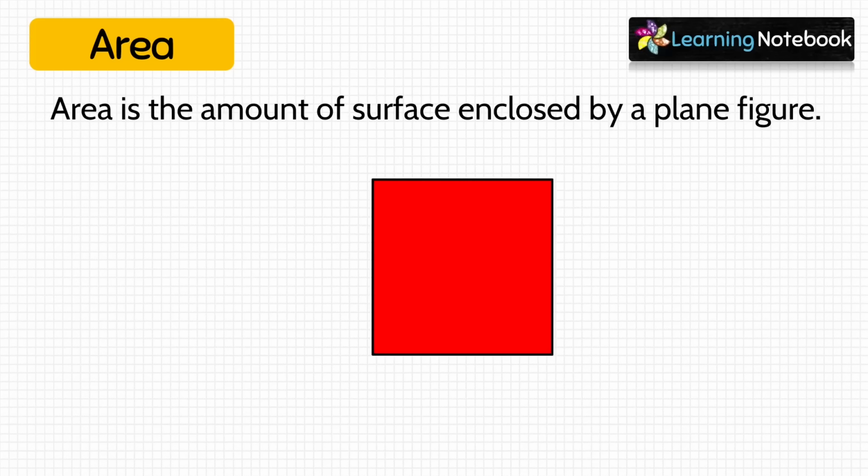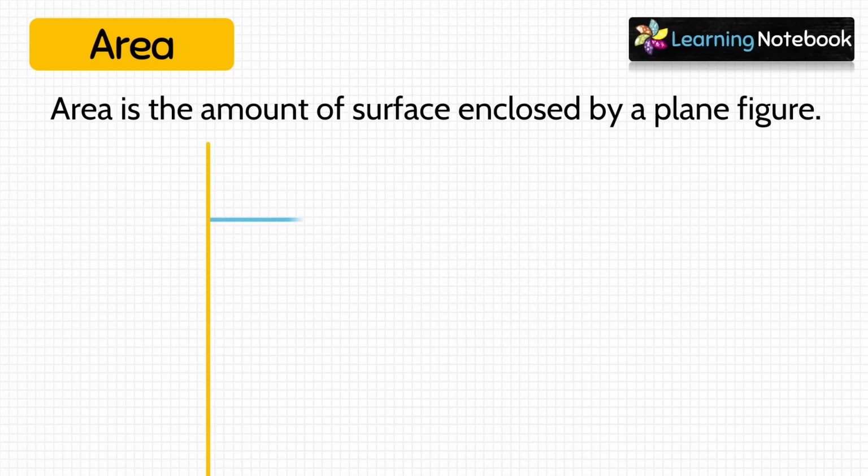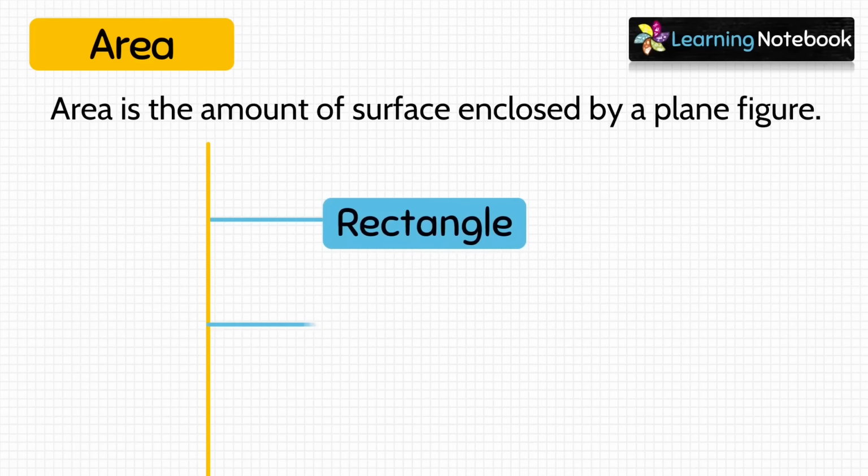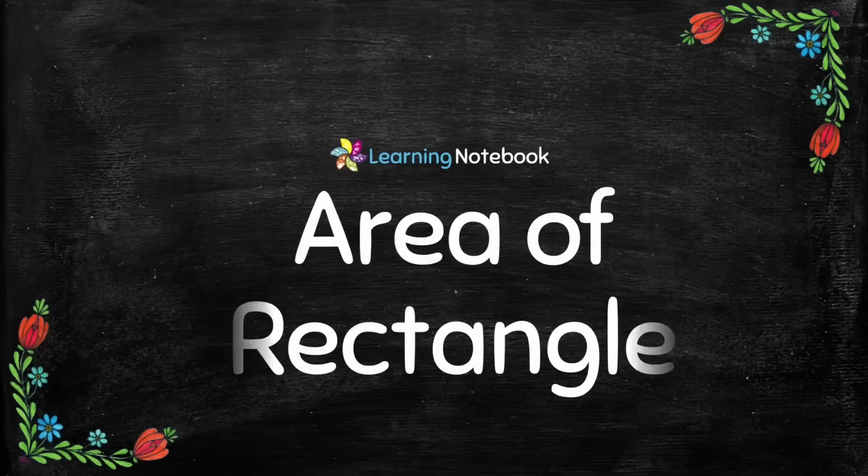So students, remember area is the amount of surface enclosed by a plane figure. And in this chapter, we are going to learn area of rectangle as well as area of square. First, we will learn about area of rectangle.